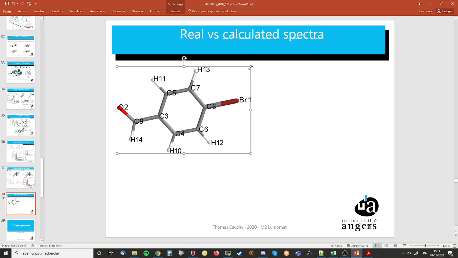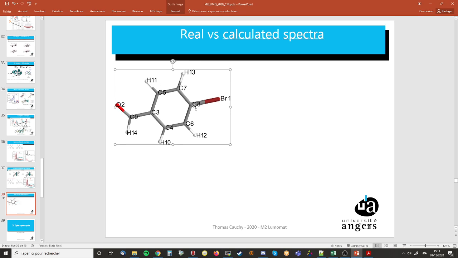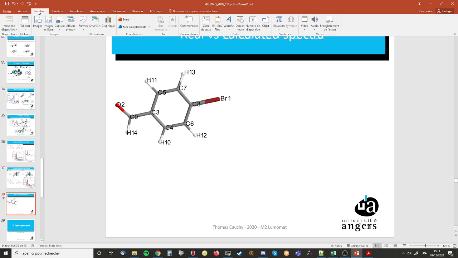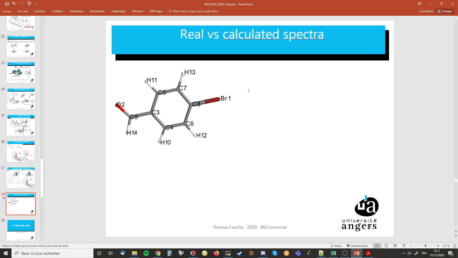When you do calculations, I recommend that you look at the orbitals and the molecule in 3D, just to check that the geometry seems quite logical. You also need to explain the computational details.